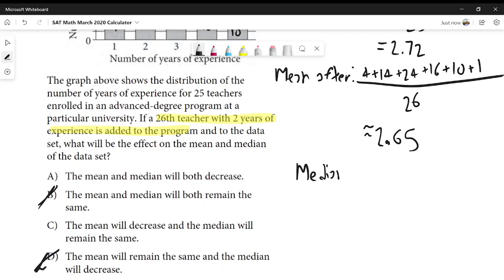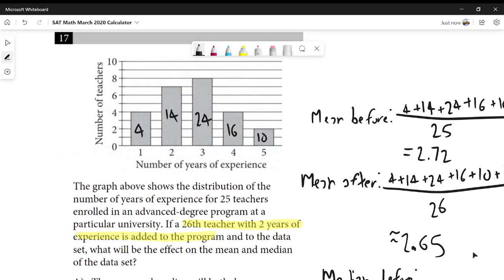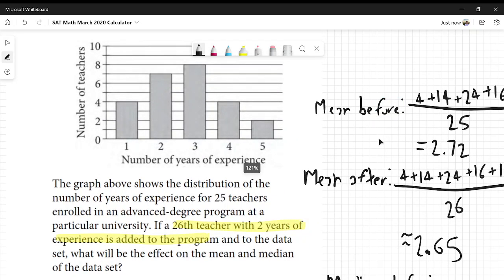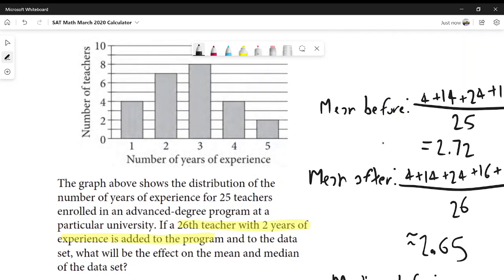So the median before is going to be, if we look at it, we know that there's 25 teachers in total before, right? So we know that the median has to fall at the 13th teacher.